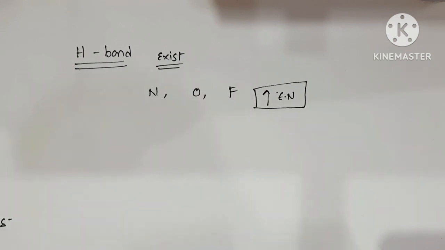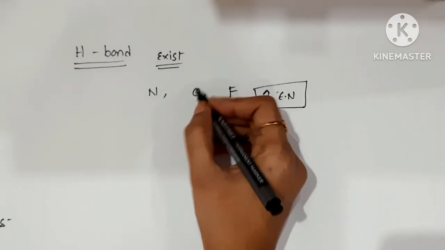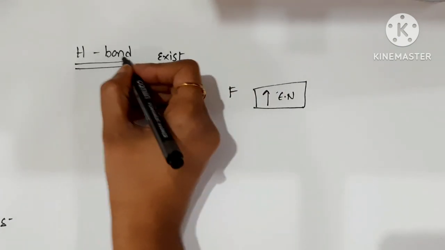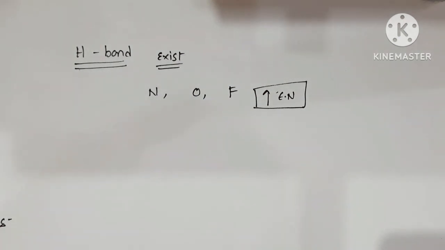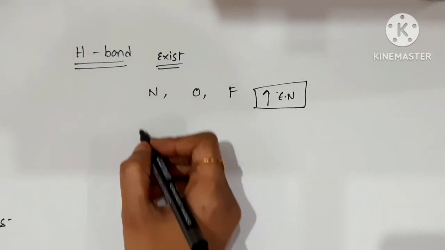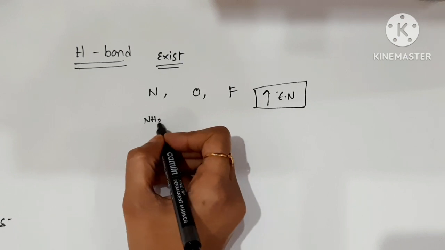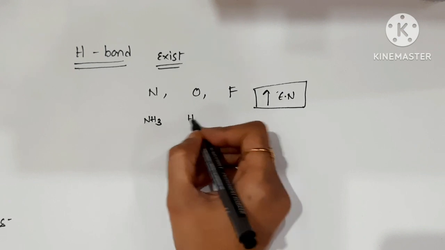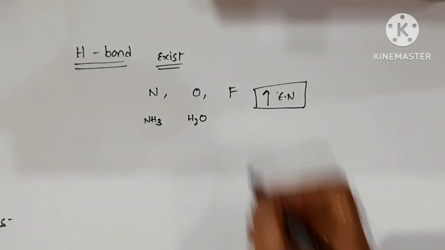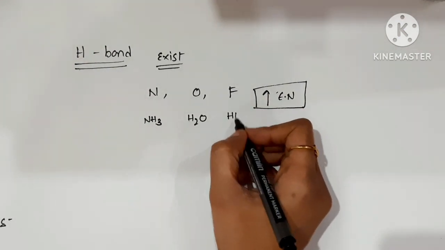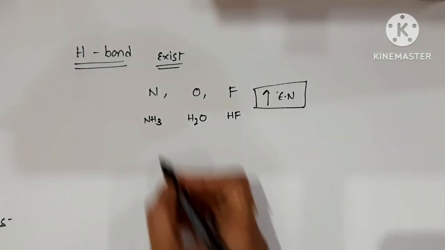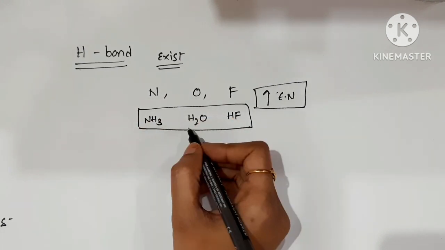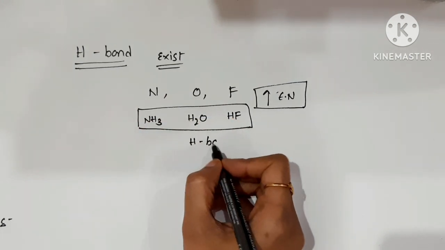Am I clear? Simply, a molecule containing nitrogen, oxygen or fluorine has hydrogen bonding. For nitrogen, the molecule is ammonia; for oxygen, H2O; for fluorine, the hydrogen fluoride molecule. In these molecules hydrogen bond exists.